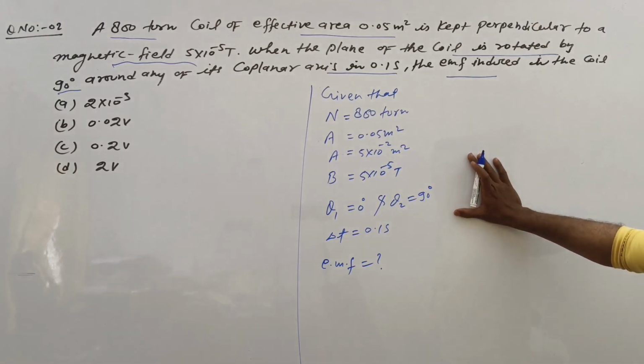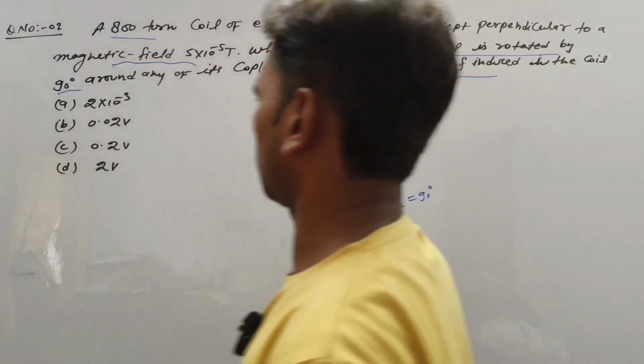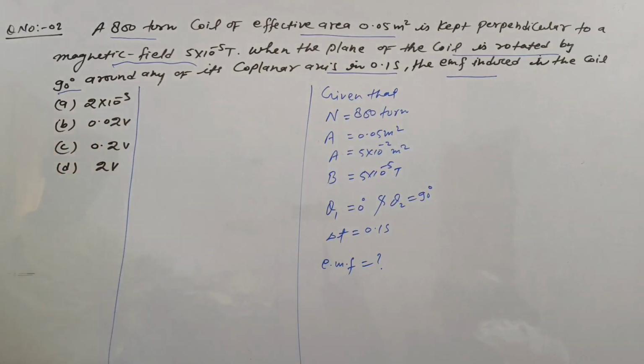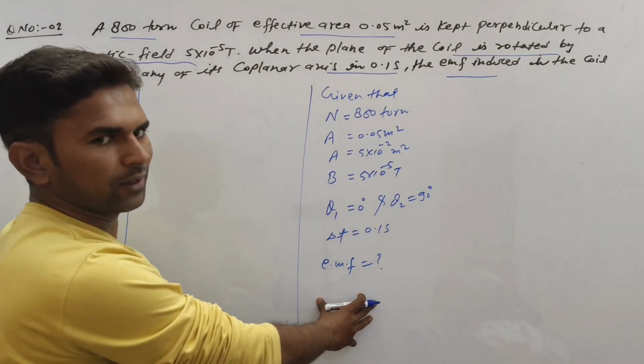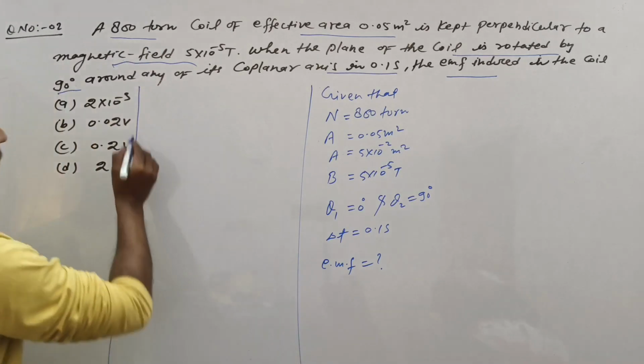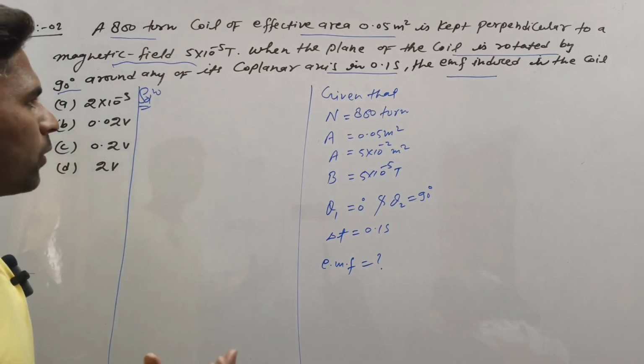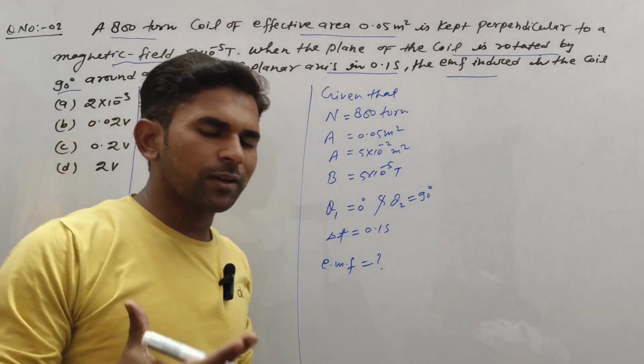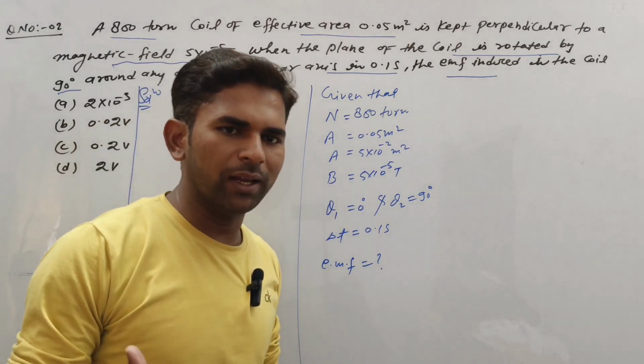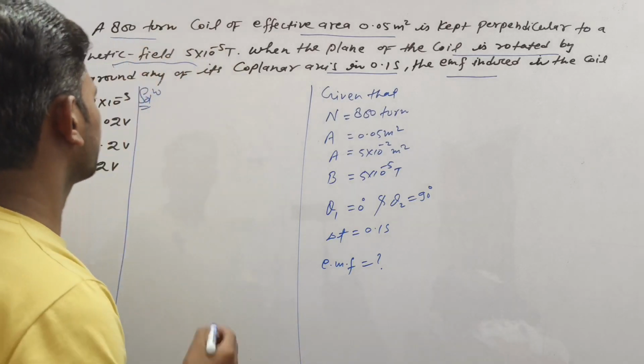How can we find the answer to this question? Now we are going to solve it. These all are given. So, solution. You know very well the induced EMF formula, which is given by Faraday's second law.